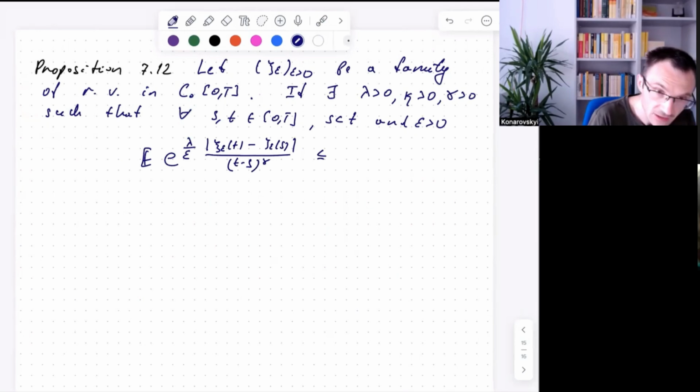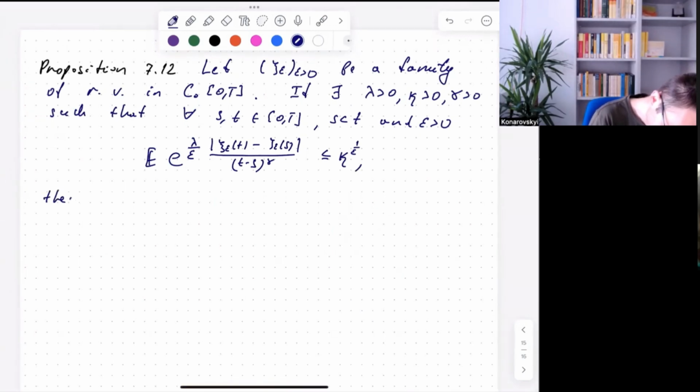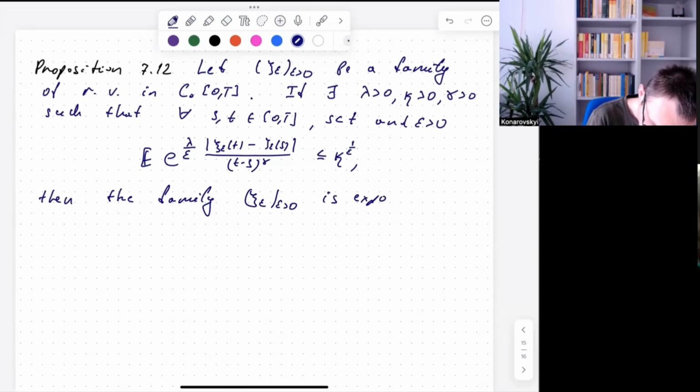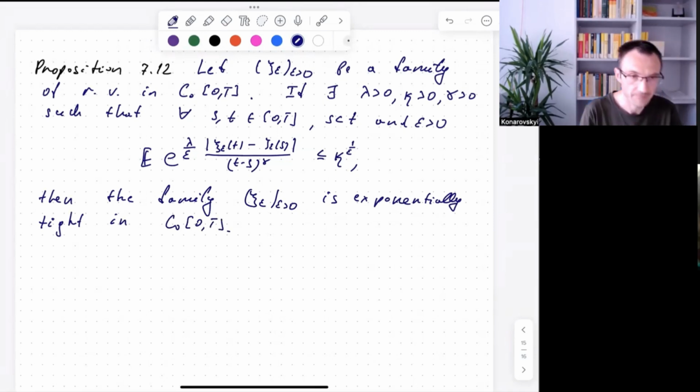And that is less or equal than kappa to the power 1 over epsilon. Then the family psi epsilon is exponentially tight in the space of continuous functions on 0T.